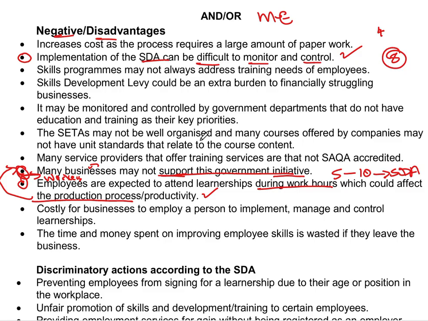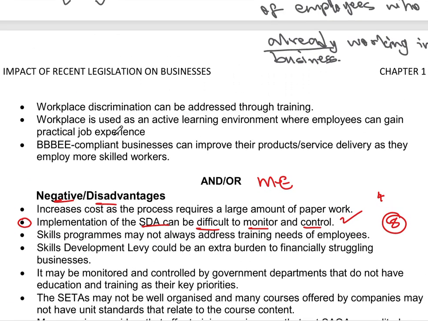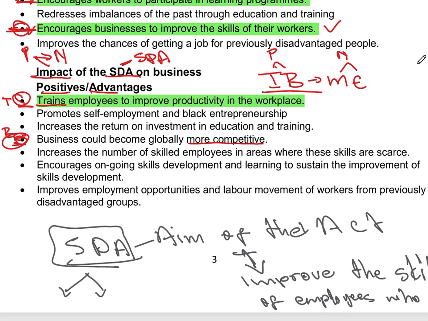Okay. They are saying, remember now we are talking about impacts of the Skills Development Act on the business. I said when they are talking about impacts, they are referring to positive and negative, which positive are known as advantages, negative as disadvantages.